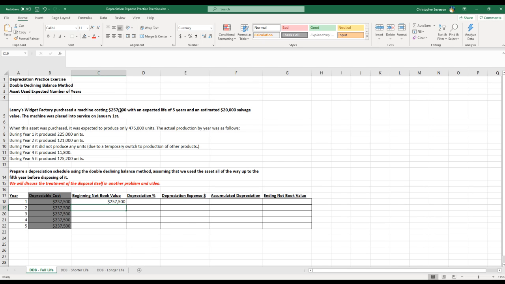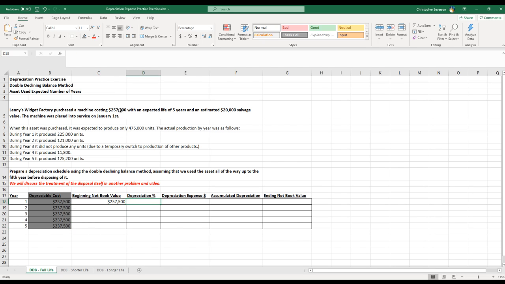Net book value, that term means historical cost minus the accumulated depreciation up to that point. In this case, at the beginning of year 1, we haven't taken any depreciation, so it's just the full historical cost. So that will change year after year, and we'll go through that in just a bit.